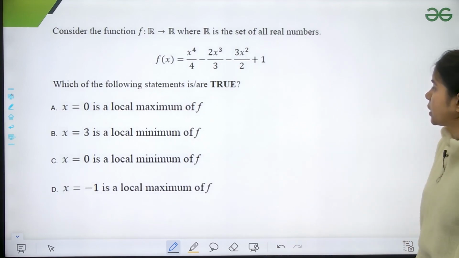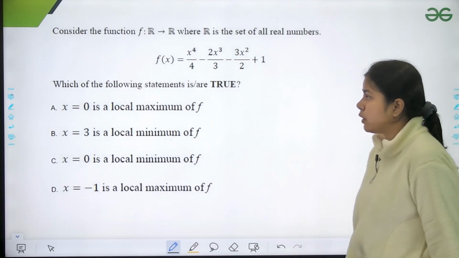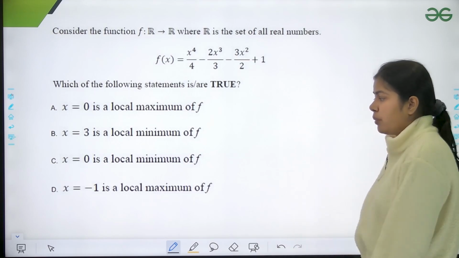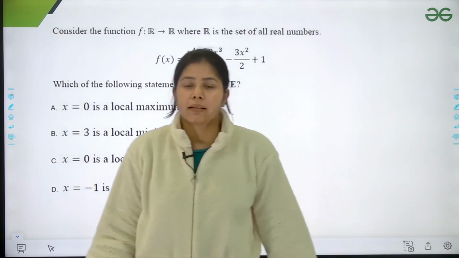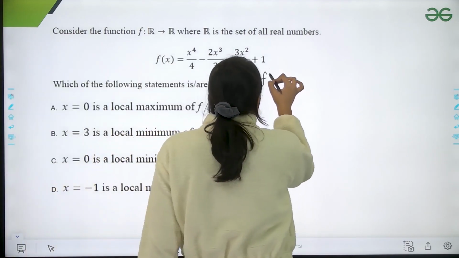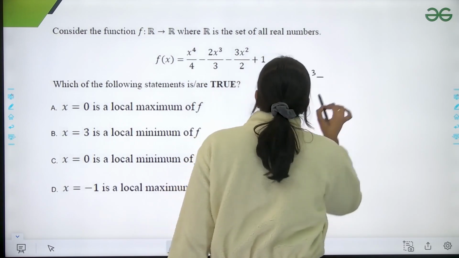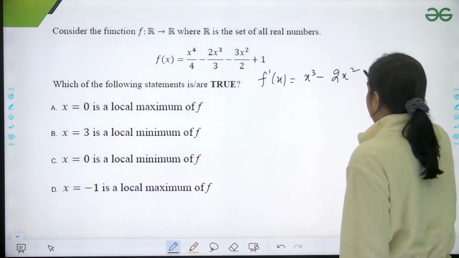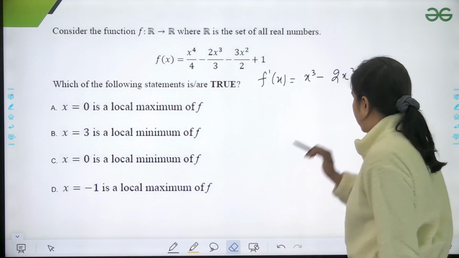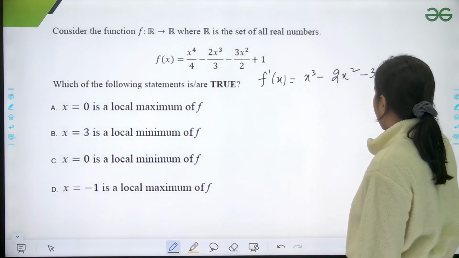Now this is another question. It says consider a function f, where f is a polynomial given to me. They ask me to find the local maxima and minima. So we can use the second derivative test. First I'll find f dash x. It would give me x cube minus 2x square minus 3x equals 0.